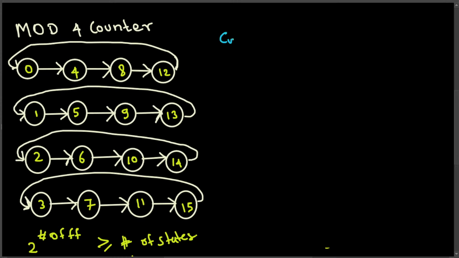The first part is the current states, and then we are going to have the next states. Then I'm going to copy this and bring it to a new page, because I have to create the truth table for the 4 flip-flops as well. I don't have space for it, so I'm just going to write the current states and next states here, next to the diagram so you can see it.